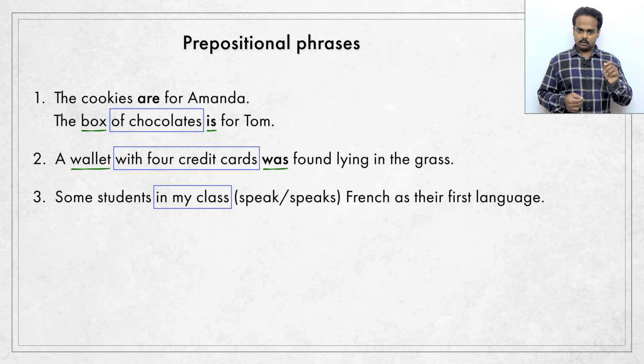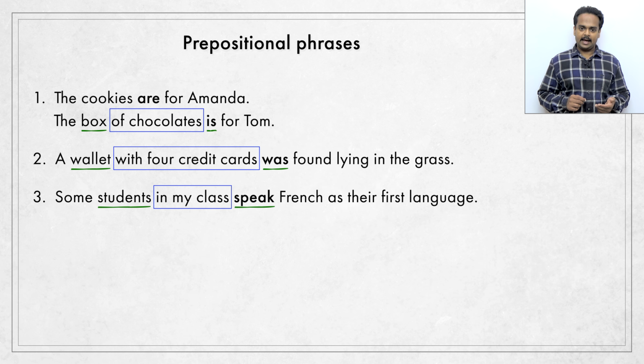So the subject here is students. This is a plural noun, so we need a plural verb. That is a verb without s added to the end. So some students in my class speak French as their first language. Even though the noun class is right next to the verb, it's part of the prepositional phrase. The real subject is the plural word students.